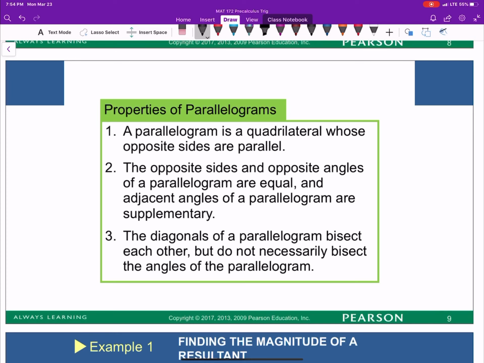The adjacent angles of a parallelogram are supplementary. The diagonals of a parallelogram bisect each other, but do not necessarily bisect the angles of the parallelogram. So just keep that in mind.